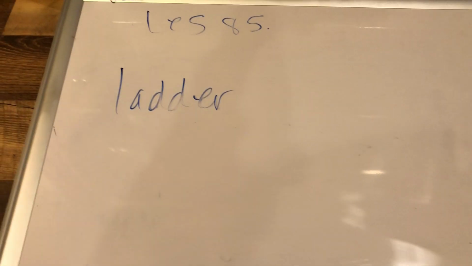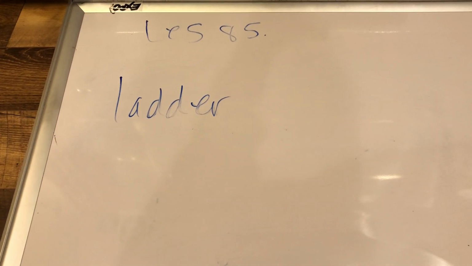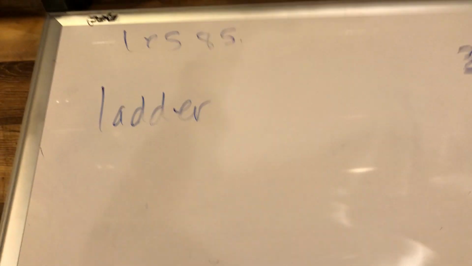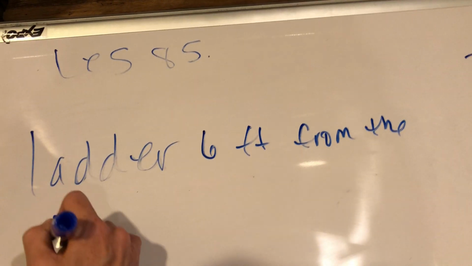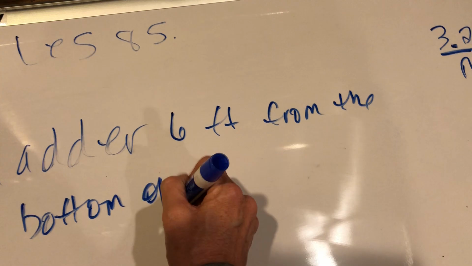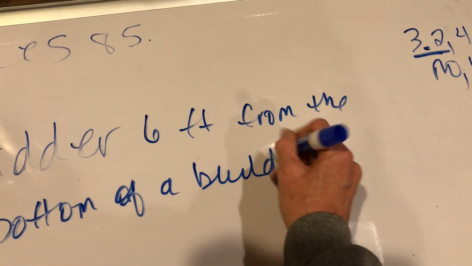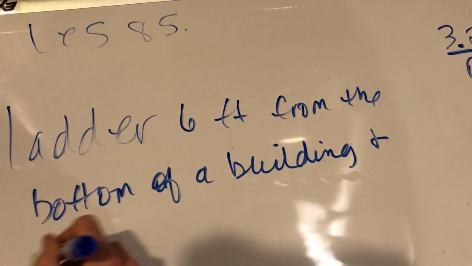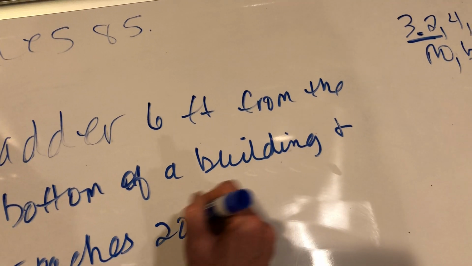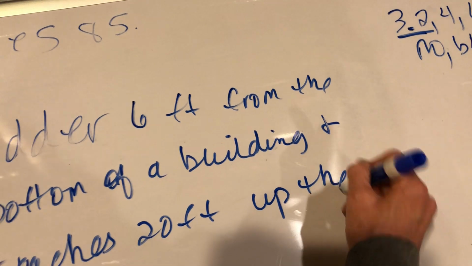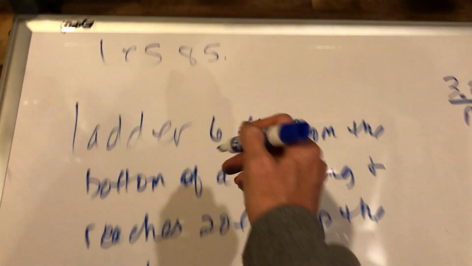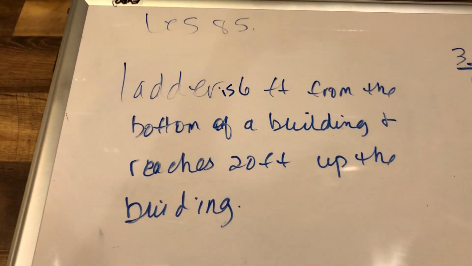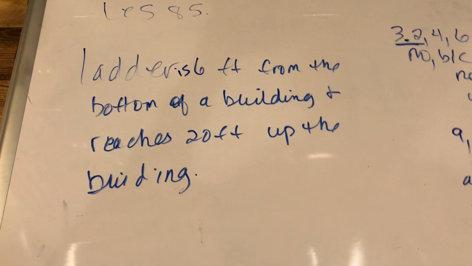A ladder is six feet from the bottom of a building and reaches 20 feet up the building. Okay, so a ladder is 6 feet from the bottom of a building and reaches 20 feet up the building.